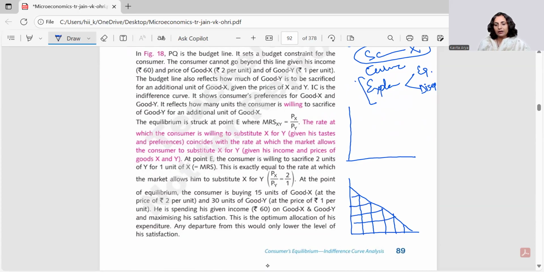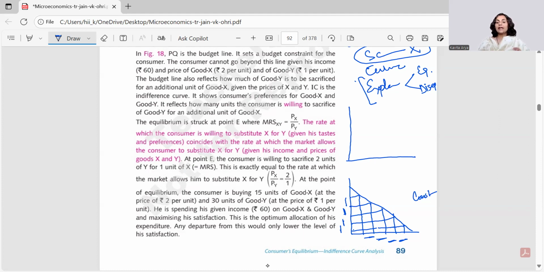If you are using your scale and drawing it properly, you would see that the gain on X every time is equal to the common or constant loss on Y. The ratio is not changing, and hence we say the slope of budget line is a constant value.